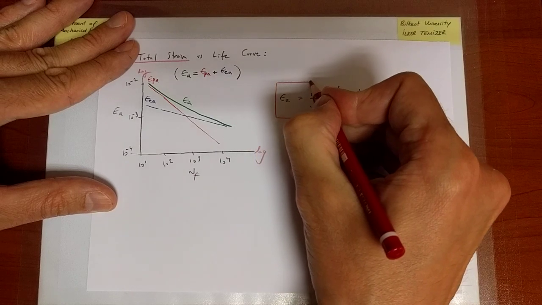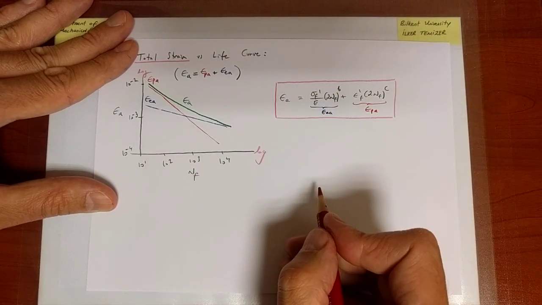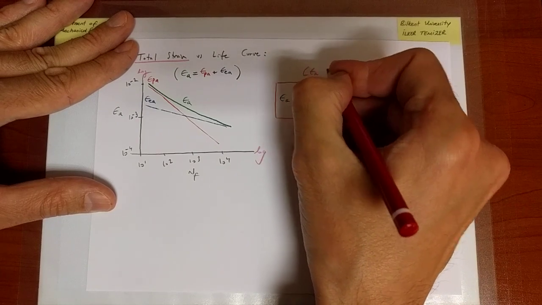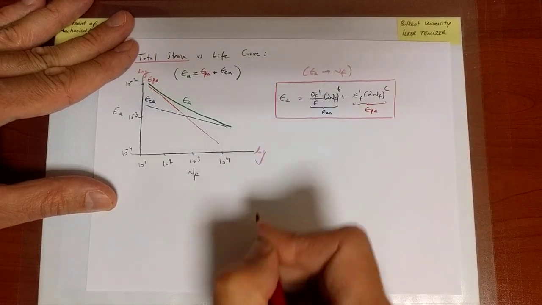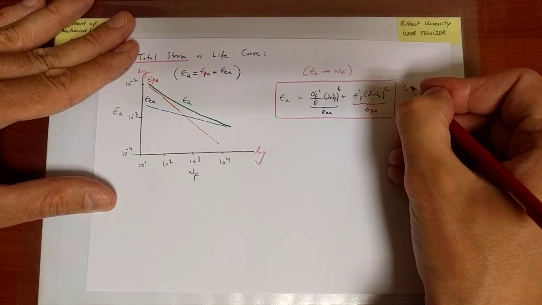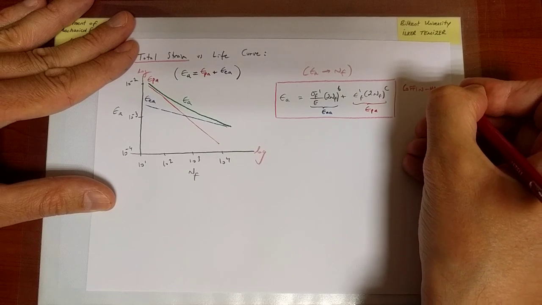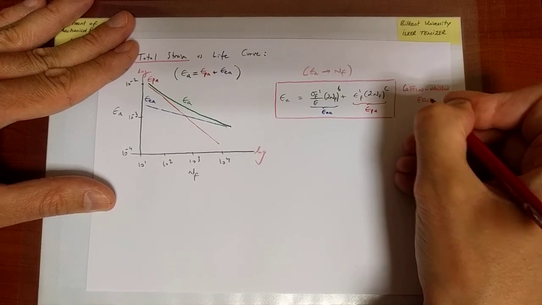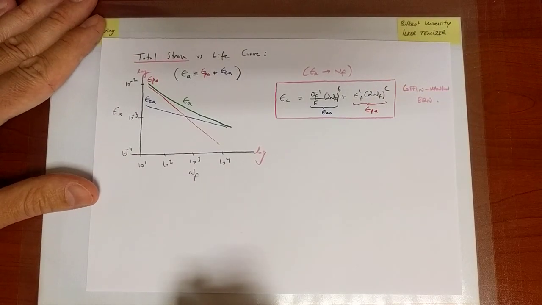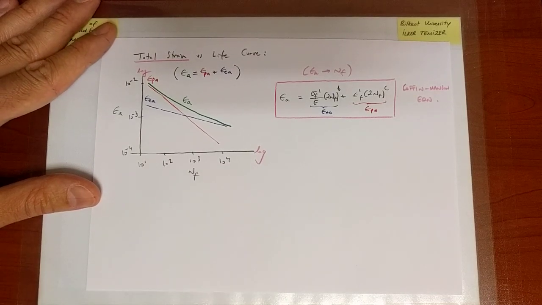This is a strain-based approach to fatigue. Given epsilon a, now we are able to predict number of cycles to failure, and this is called the Coffin-Manson equation.